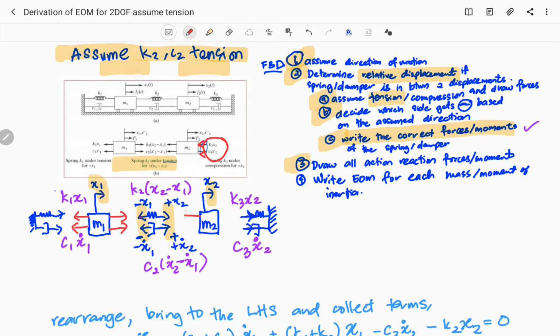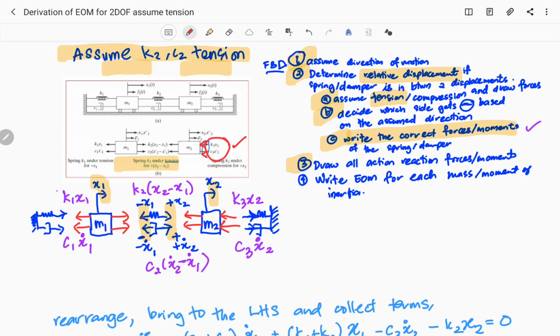This one goes to the left because action reaction should be opposite with the same force, so you just write the forces once. As I said, this is wrong in the textbook, so you may want to change that direction. Then we can write the equation of motion based on M1 and M2.